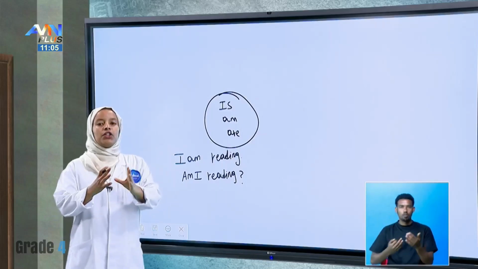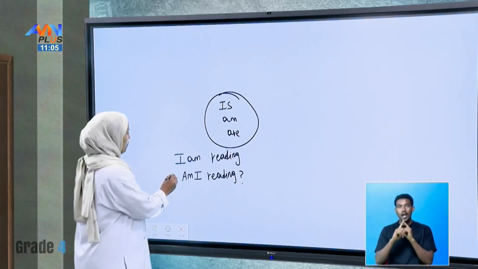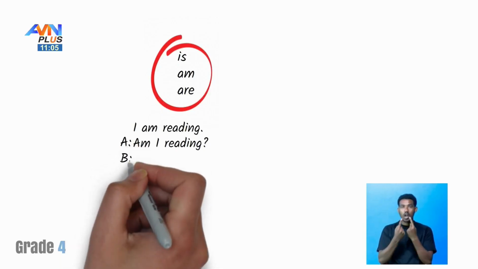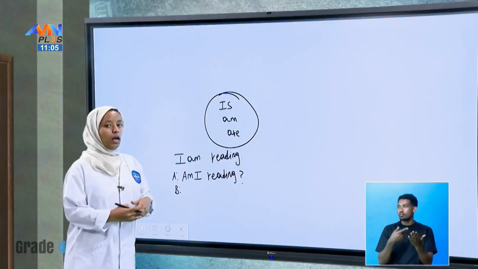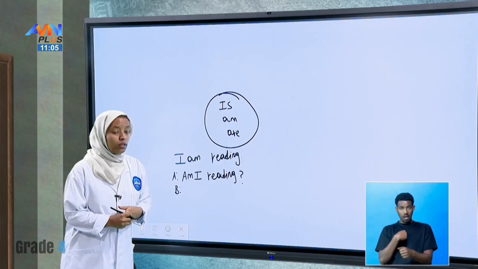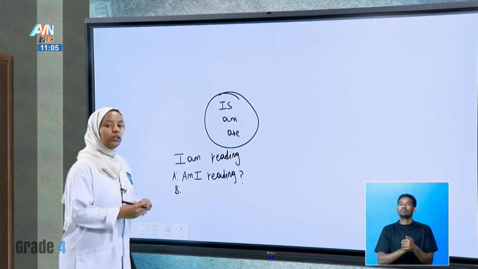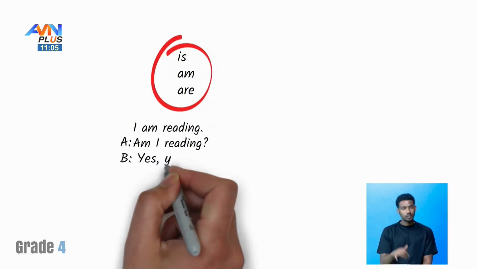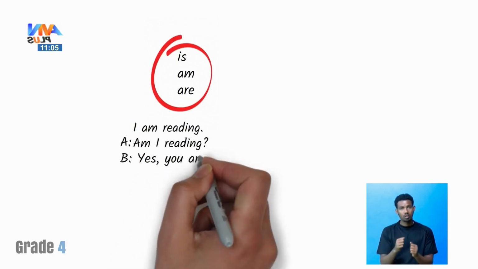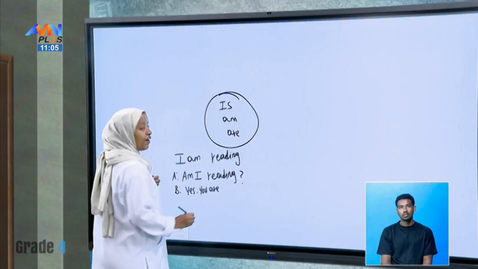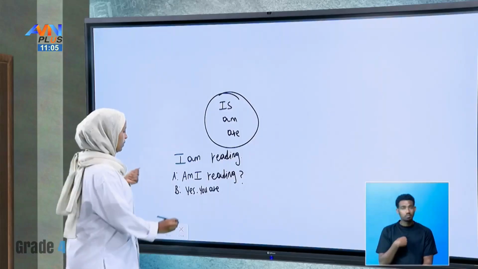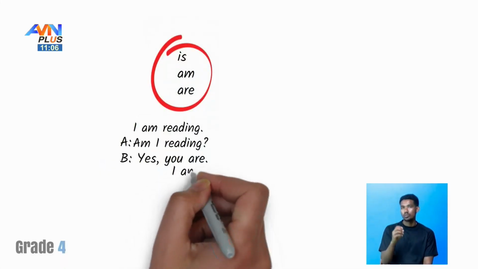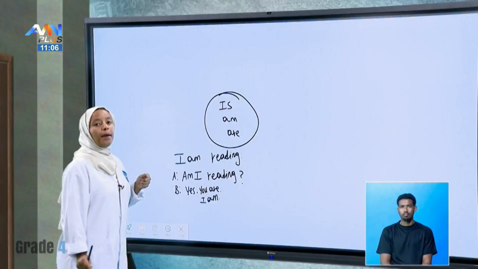Easily, you can answer this question. Let us make it a dialogue, for example. Here is student A asking student B, am I reading? We can say, yes, you are. If I answer that question too, what can I say? Yes, I am. What about if it is negative?